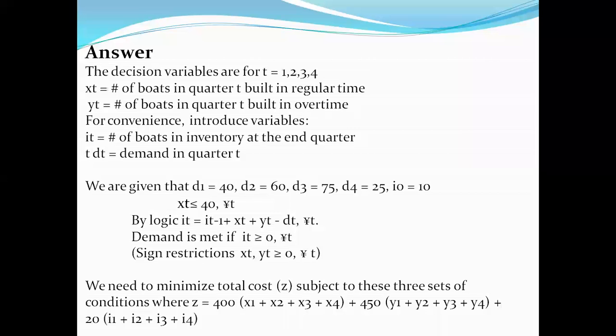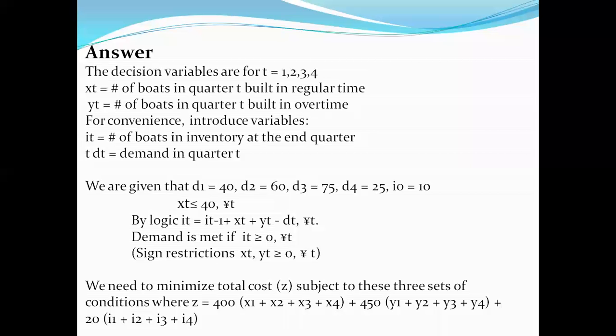And next, let it be the inventory of boats at the end of quarter t, and dt the demand in quarter t. So there is a greater demand for manufacturing, and additionally one more boat can be considered in that quarter.